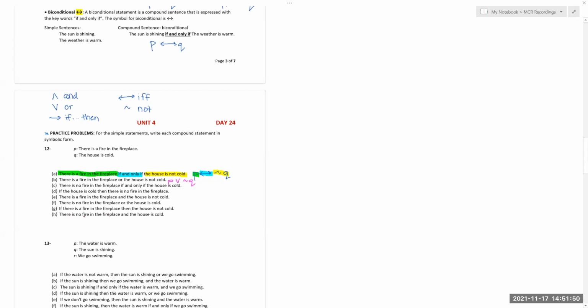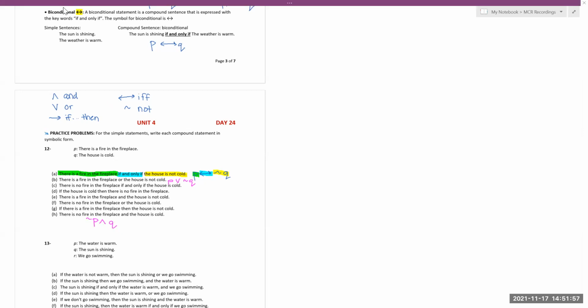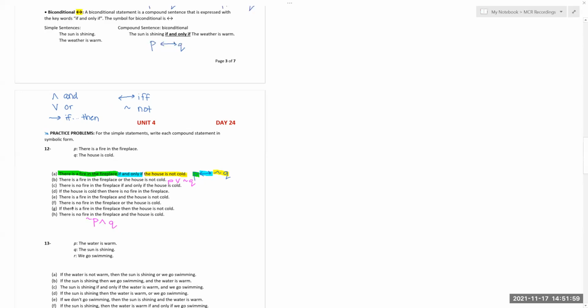Going down here, there's no fire in the fireplace, and the house is cold. Or if I switch here, if there is a fire in the fireplace, then the house is not cold. E was, let's see, there's a fire in the fireplace and the house is not cold. All these start to look alike. If and only if, this one was not P, if and only if Q.